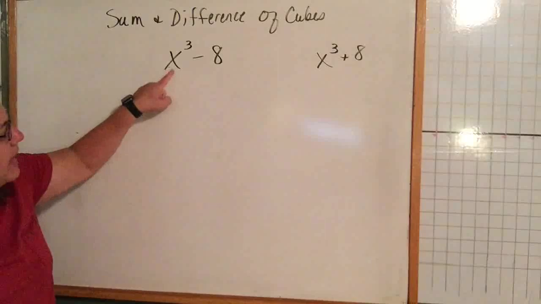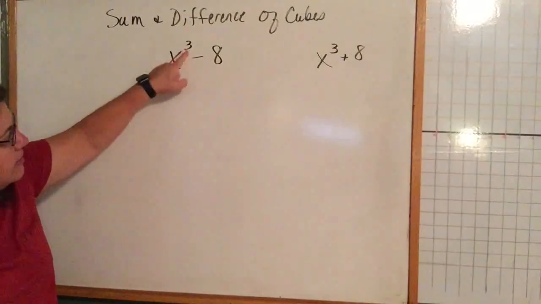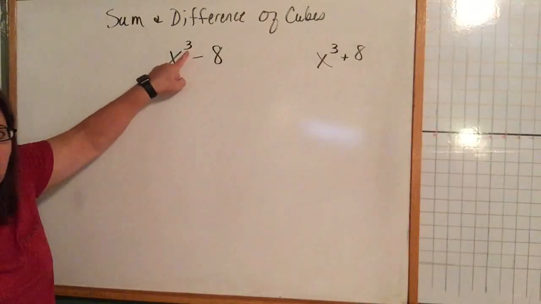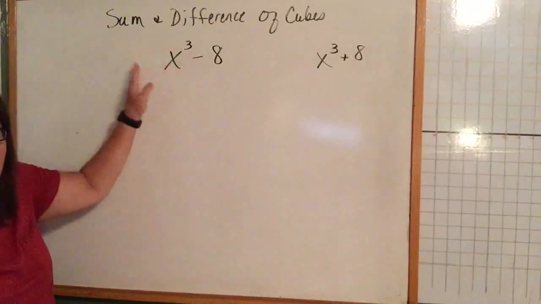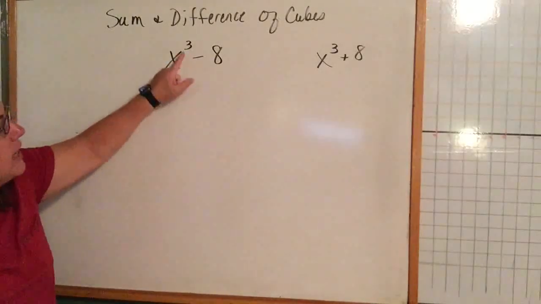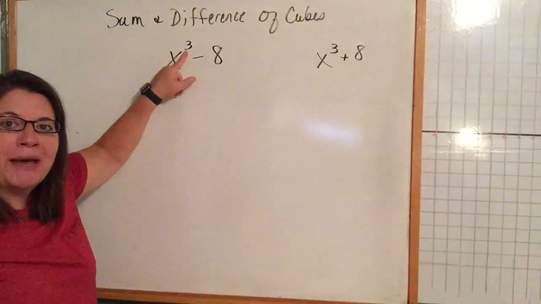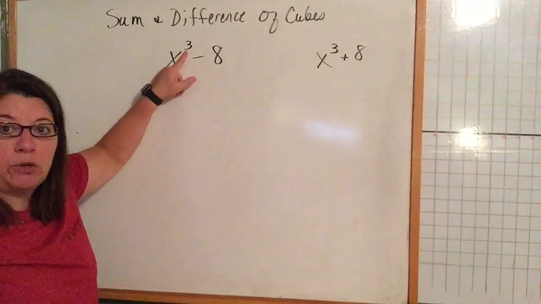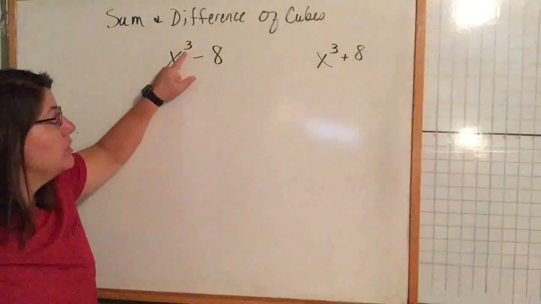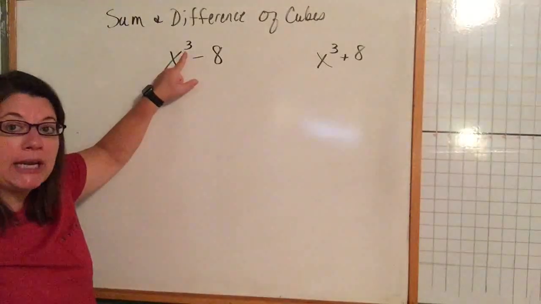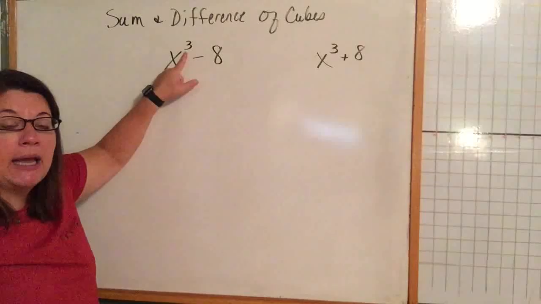Well, this x cubed, that's the cube power or the third power, means that that's x times x times x. So if we have any exponent here that is divisible by 3, it will be a perfect cube. Again, if the exponent is divisible by 3, it will be a cube number.